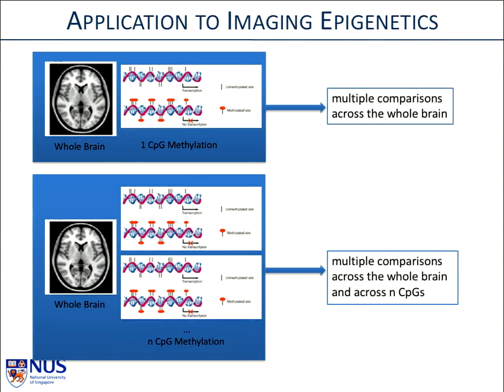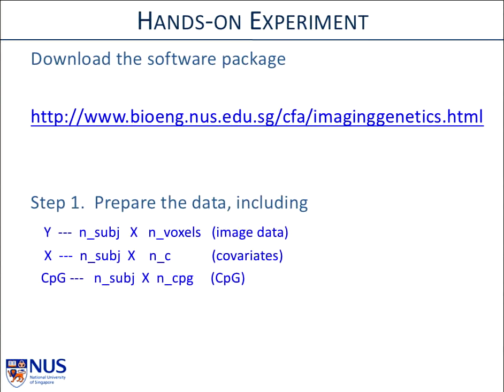How are you going to deal with it? Because we need to do multiple comparisons not just across the spatial domain, we also need to do multiple comparisons across the entire epigenetic data or the phenotype data as well as the genetic data.